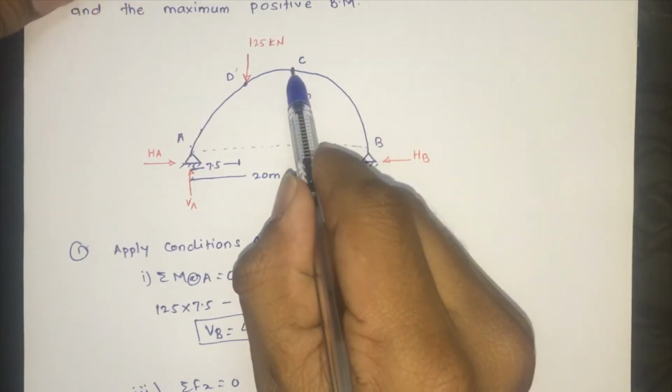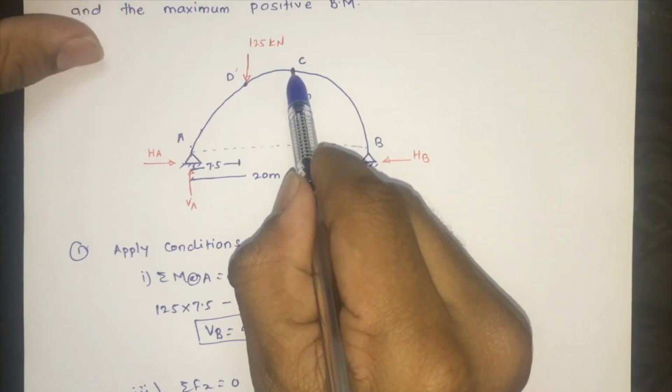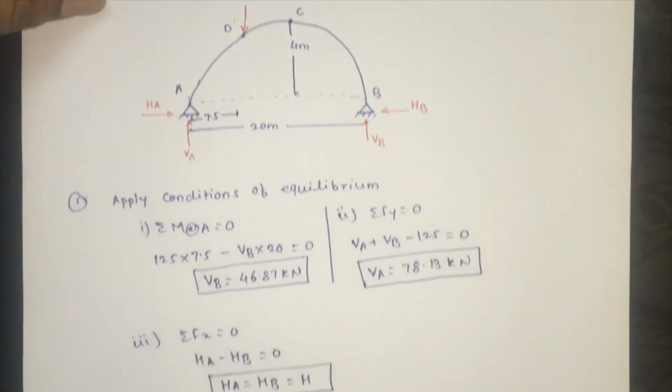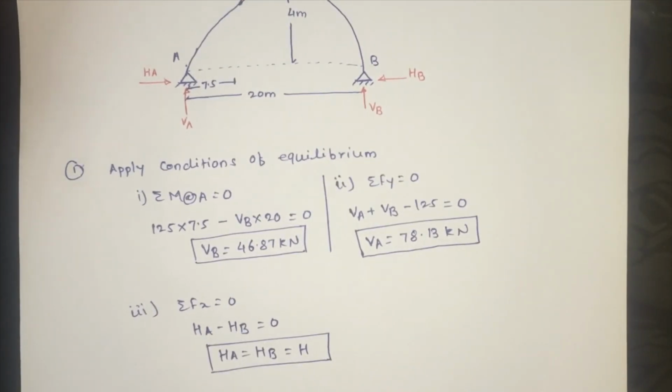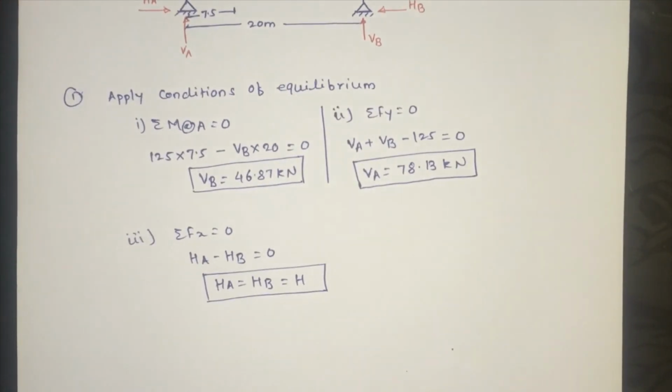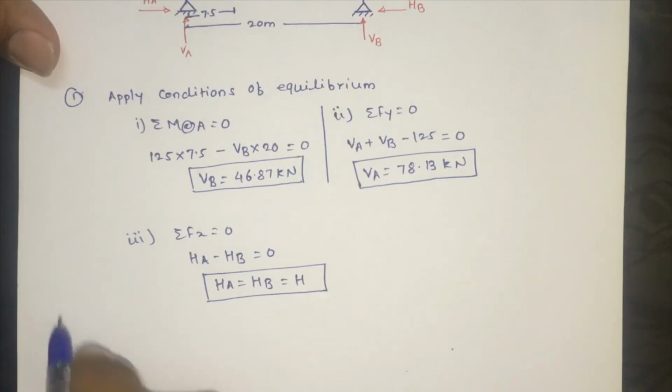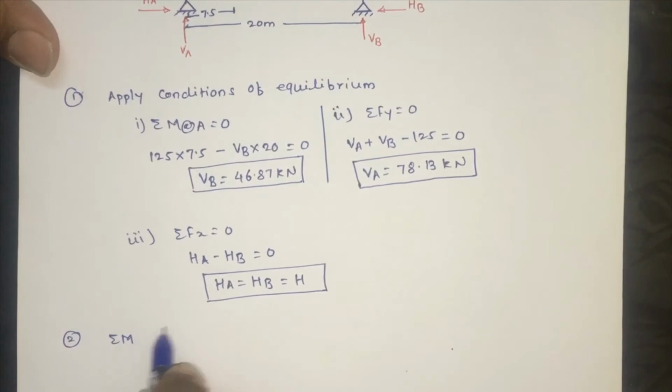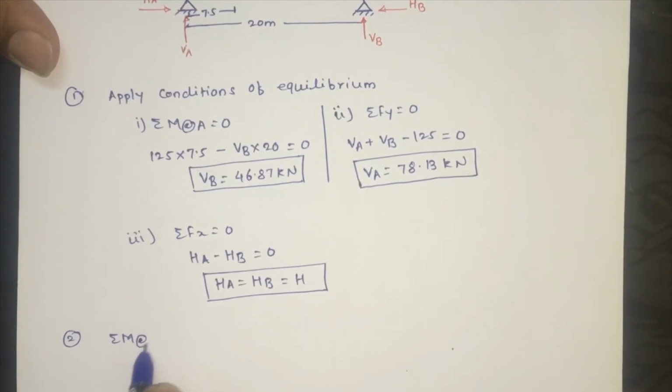If I take moment about this point, it should be equal to 0. So to find the horizontal thrust, we take summation of moment at crown point, that is C point, is equal to 0.